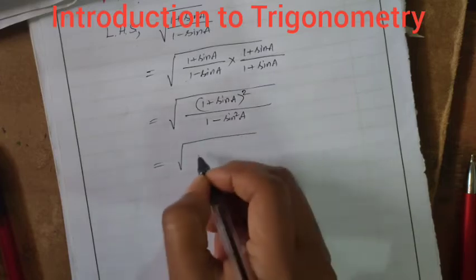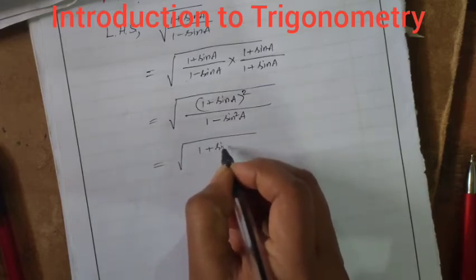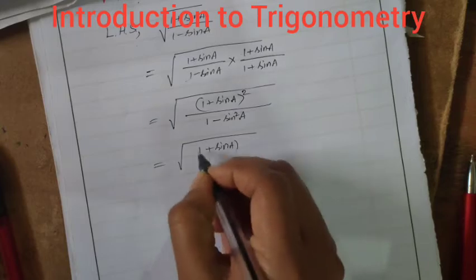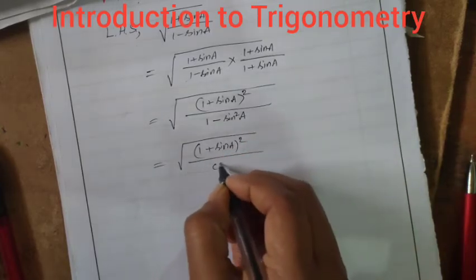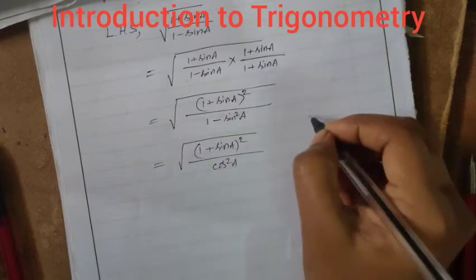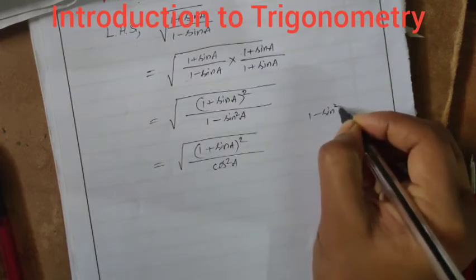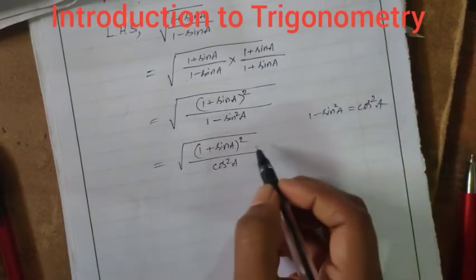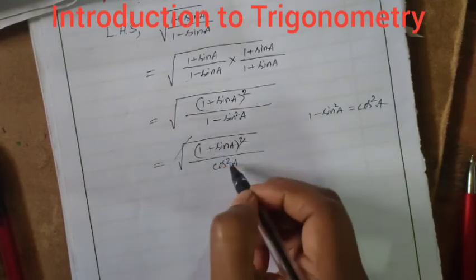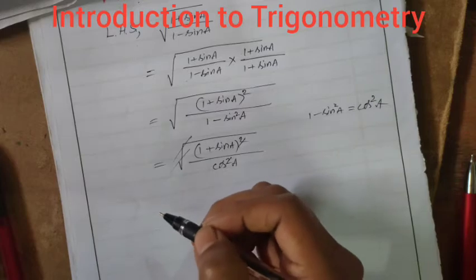So write square root of (1 plus sin A) whole square divided by 1 minus sin square A becomes cos square A. By using the identity, 1 minus sin square A equals cos square A. Then the square term and the root term will be cancelled.